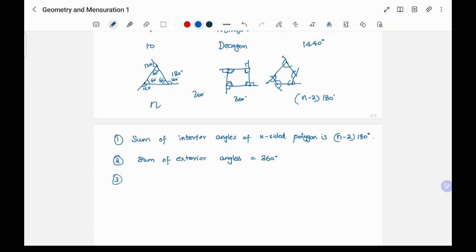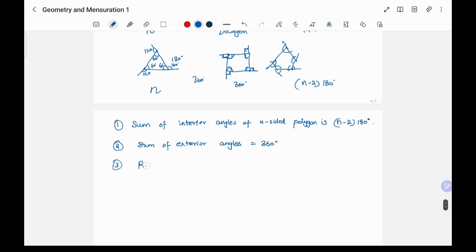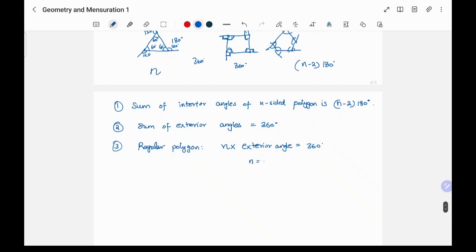And you see, for a regular case it is all equal, right? So for a regular polygon, the number of sides into the exterior angle is equal to 360 degrees. So the number of sides is 360 degrees divided by the exterior angle, right?